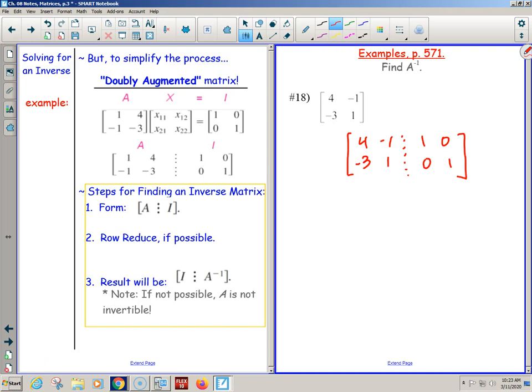The undoing of one will be the building of the other. If we can legally get this matrix to its identity, we will have built the other, because row operations go all the way across.